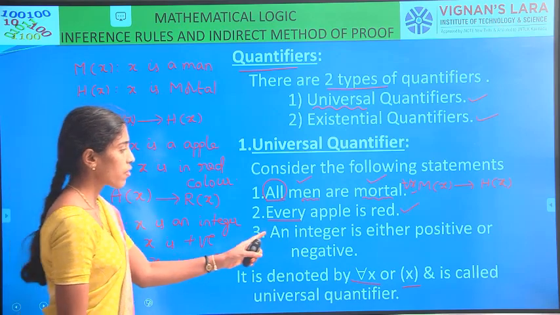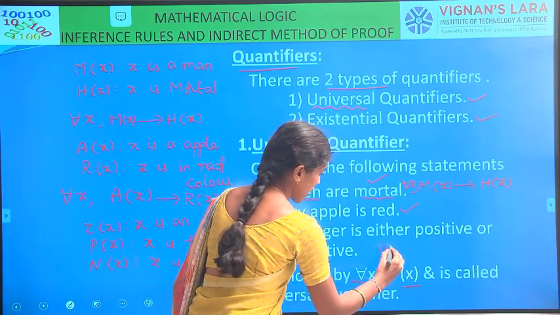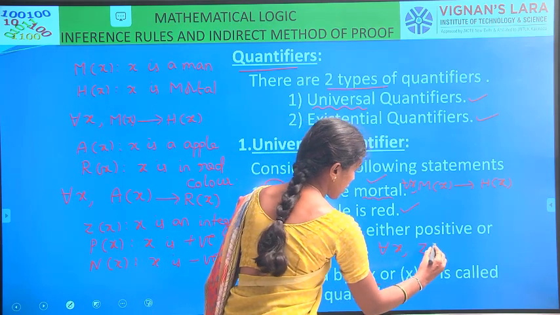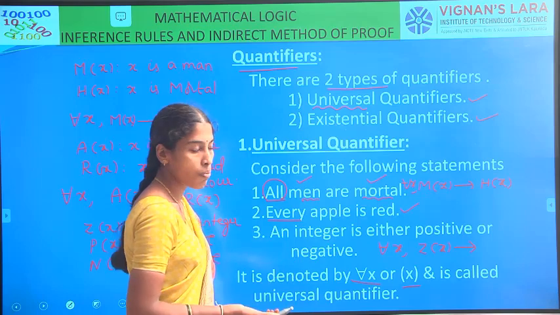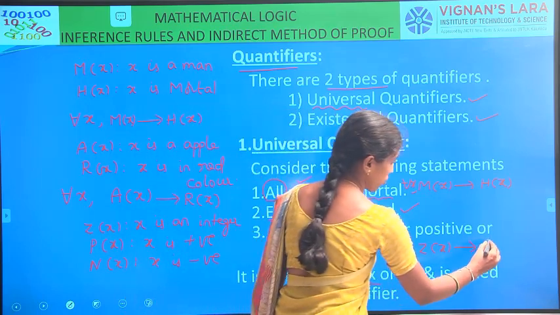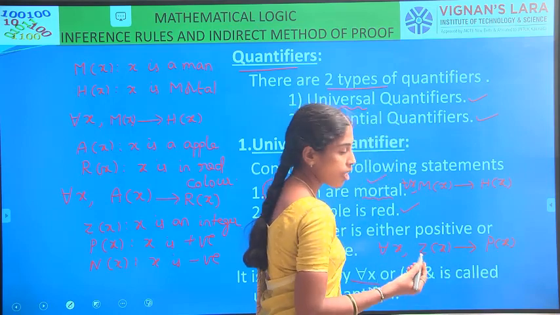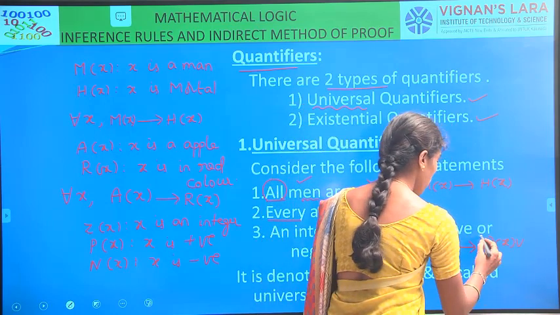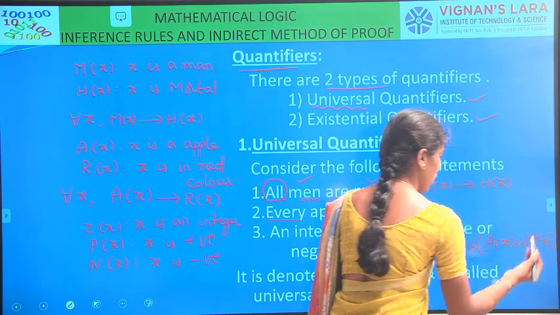So for every x, if x is an integer, then x is either positive or negative. Either or is the symbol of disjunction. So p of x or n of x.